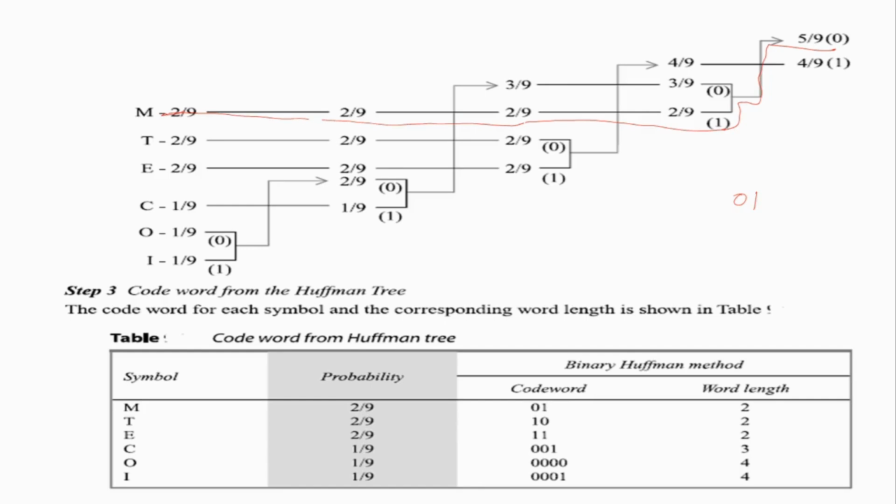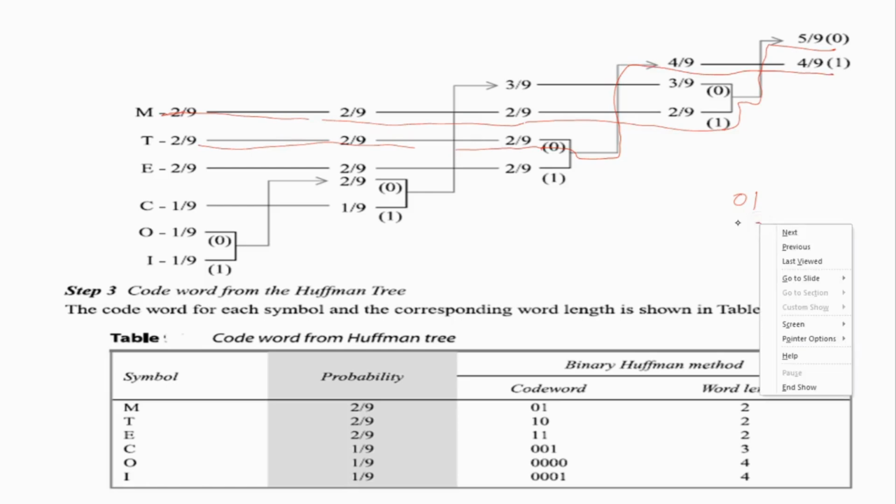For the word it is 0 1. Next for T, it is 0 0 1, that is we have to write 0 1 0 1.